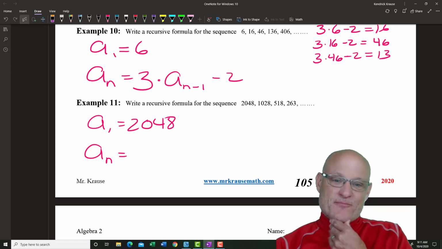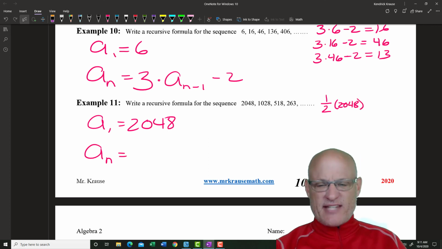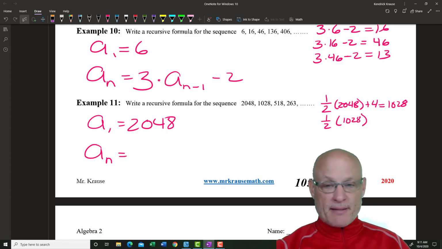Let's see. 2048, if I take half of 2048, isn't 2048 a game? I think it is. That's 1024. I would have to add 4 to get 1028. Guys, we're not going to get crazy here. It's either going to be multiplying by 2, multiplying by 3, or multiplying by a half, maybe.